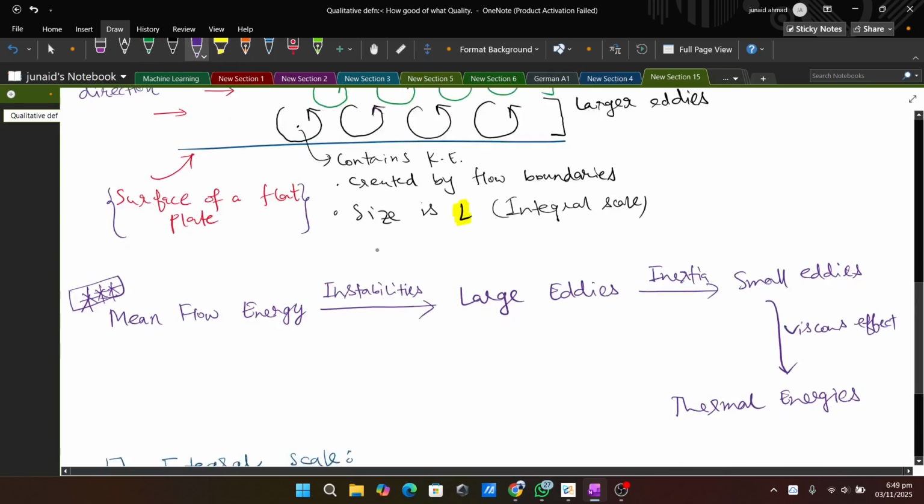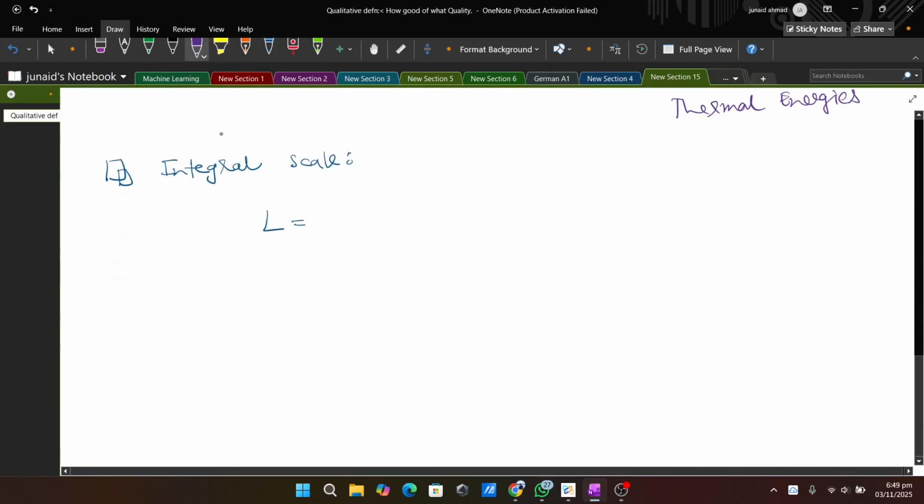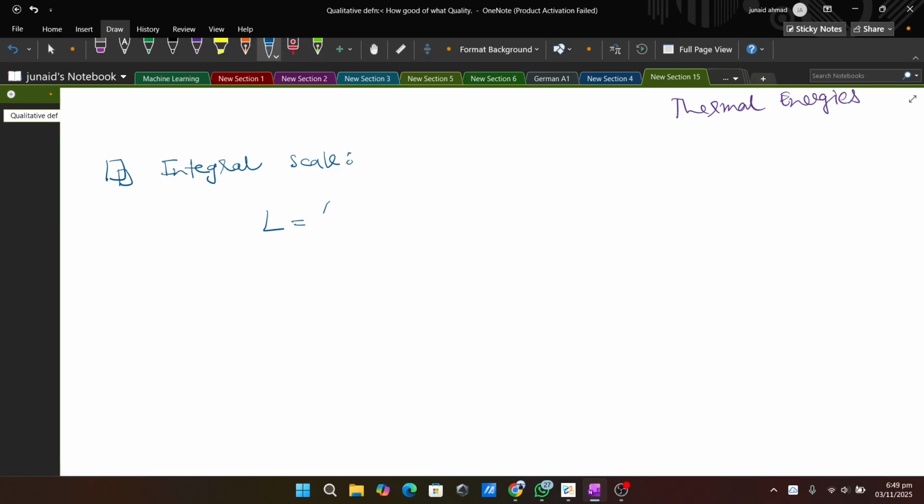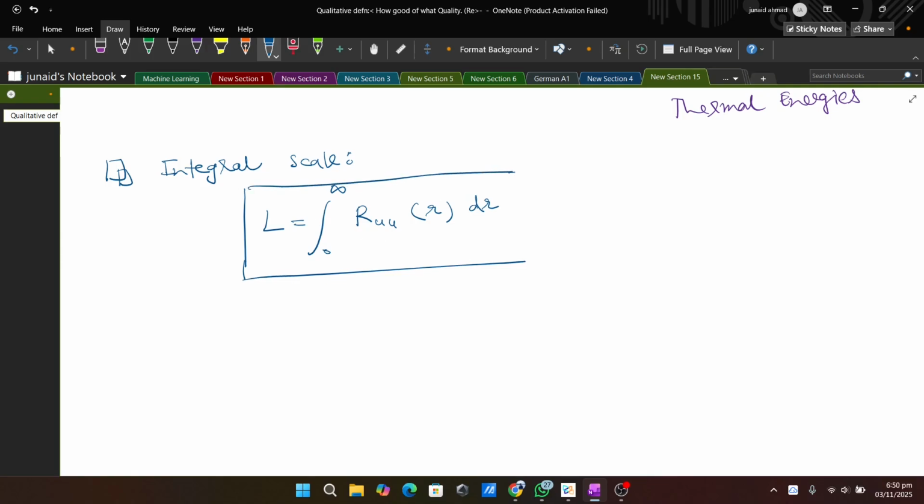Okay, so let us go through. The integral scale L can be found with this expression. So this is the equation. From 0 to infinity, we have to integrate this thing.